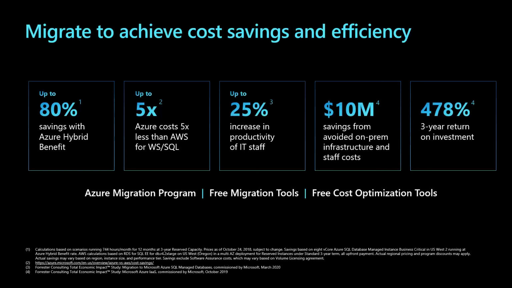And then actually Microsoft has spent some time, and this is something that's often overlooked, on up to a 25% increase in productivity of IT staff around Azure, because so much of the Azure platform is automated. It takes a lot of the day-to-day tasks of an IT team off their plate and allows them to be more efficient. So 25% increase in productivity. $10 million savings from avoided on-prem infrastructure and staff costs.